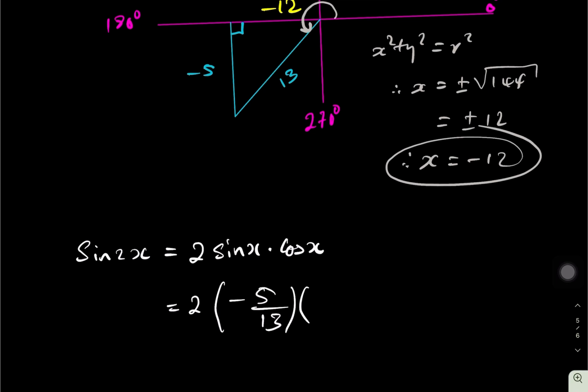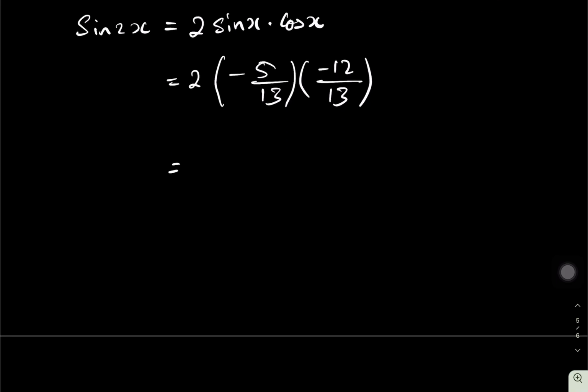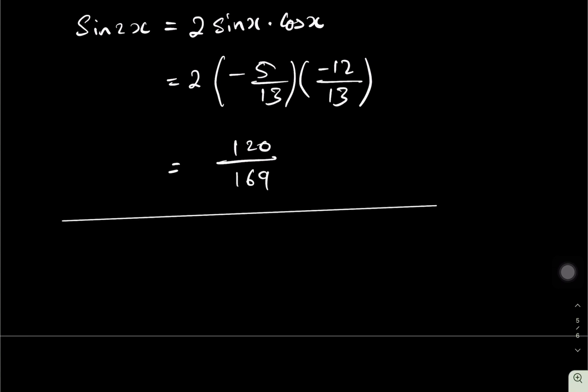Cos is the adjacent, which is negative 12 over the hypotenuse, and that is 13. I advise that you guys use a calculator. It's negative and negative, so it's a positive number. So 2 times 5 is 10, times 12 is 120, divided by 13 times 13, which is going to give you 169, and that ties down to the answer of this particular question.